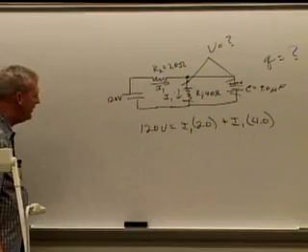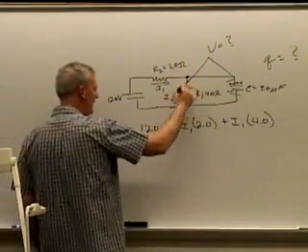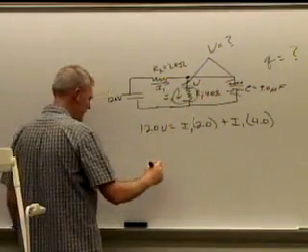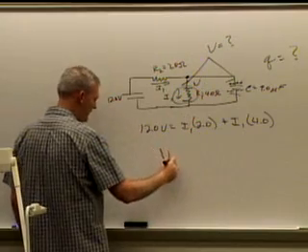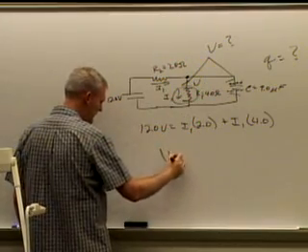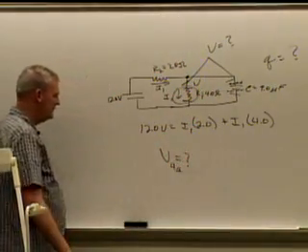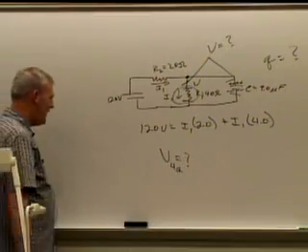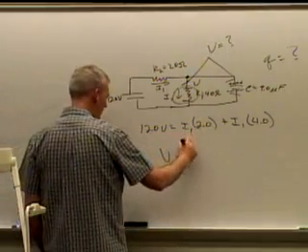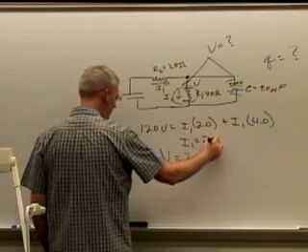See, what I'm trying to do is figure out what the voltage here is, the voltage at the 4 ohm place. I want to know what that is. And I can get that once I find out what I1 is. And it looks like I1 is equal to 2.0 amps.